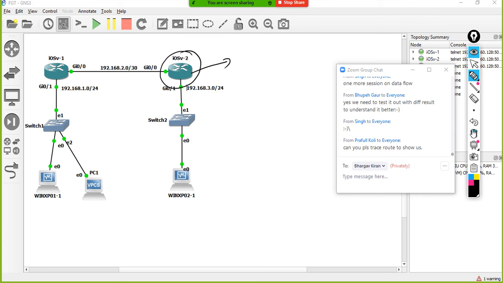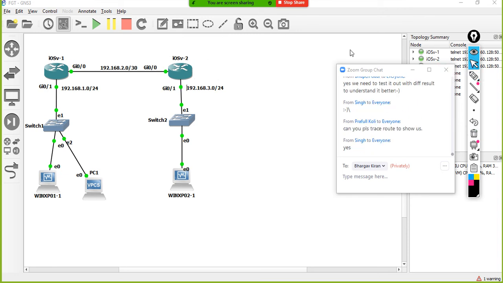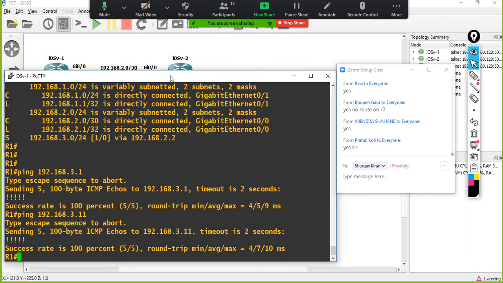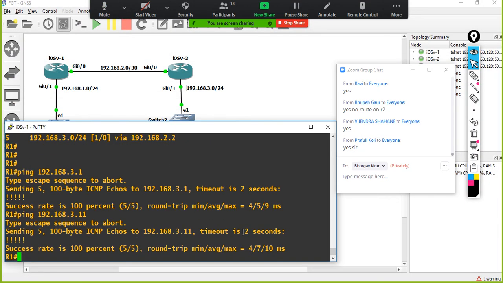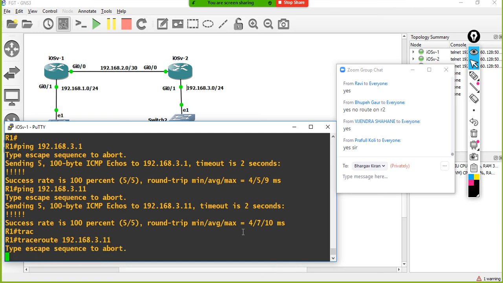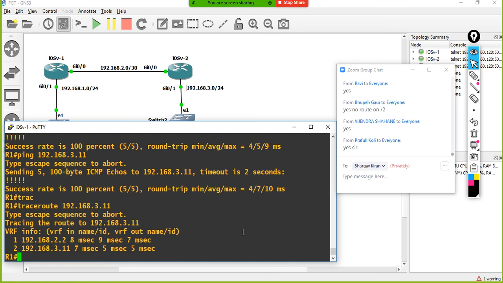Oh, Praful is saying, buddy, do the trace. Okay, are you ready? Yeah, Praful. Can we do the trace? There is a command over there. Trace command. Yeah. Let's go and do it. Trace out 192.168.3.11. See? Directly jump. It reaches the router. It reaches here.